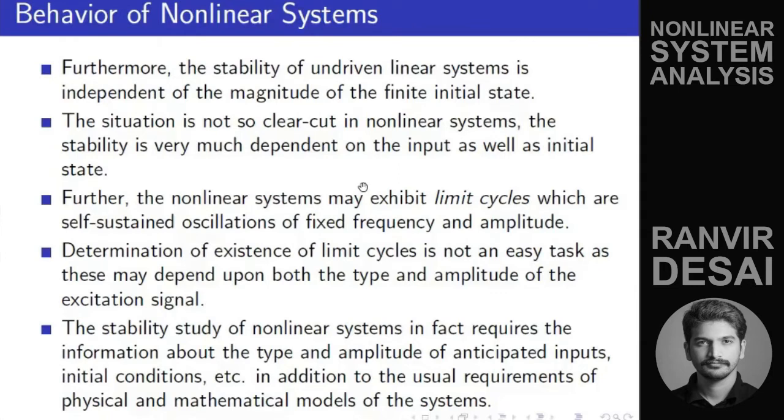Generally, in case of linearity, you don't need to worry about that much, if they are stable for any initial conditions. It is very easy for linear systems, but in case of nonlinear systems, you have to consider everything. See, the second point, that situation is not so clear cut in nonlinear systems. It is very much dependent on the input as well as the initial state.